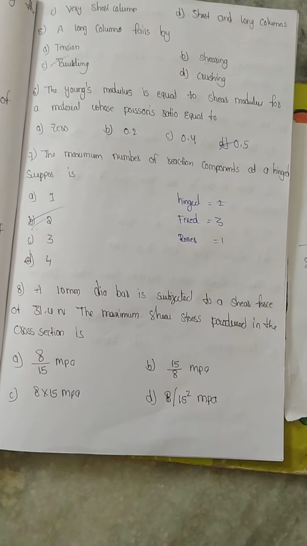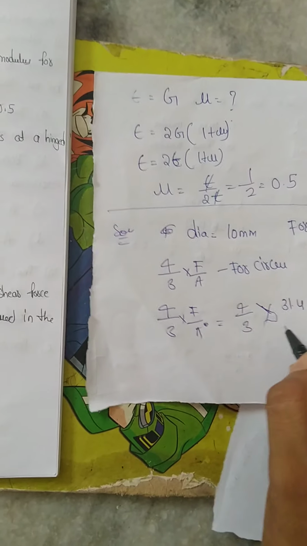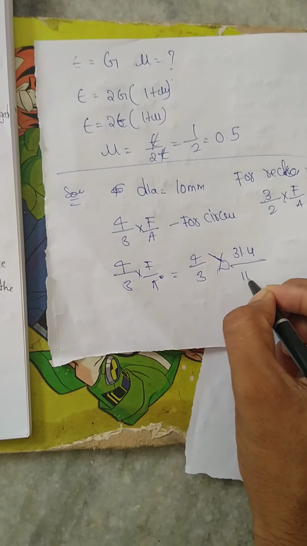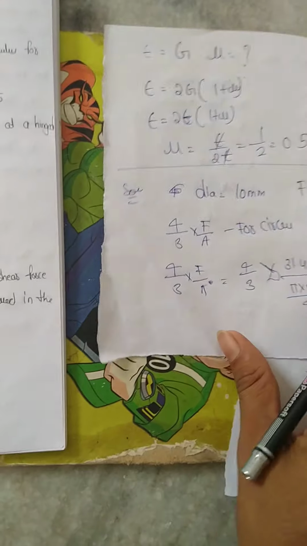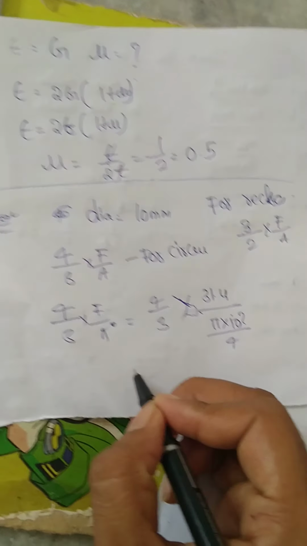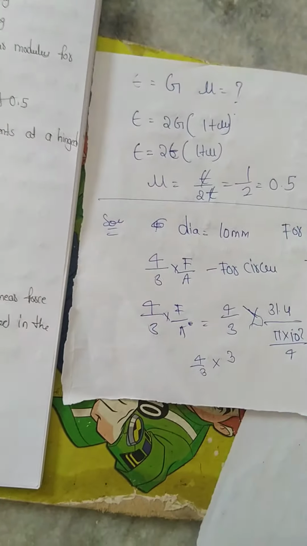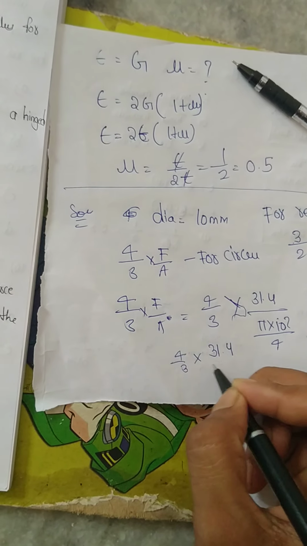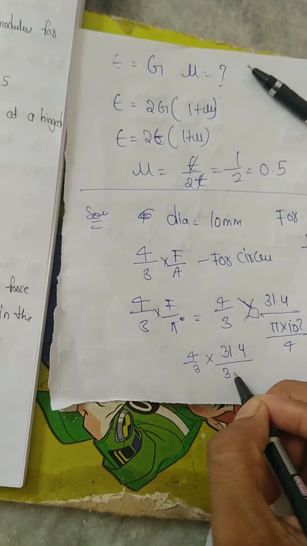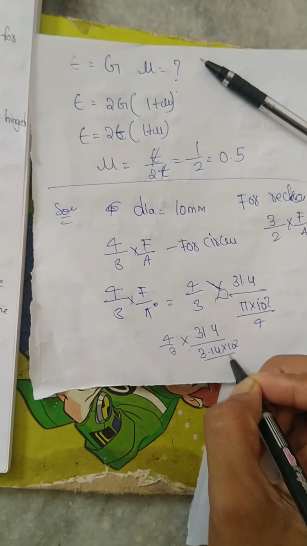Force is equal to 31.4, area is pi into d square by 4. So 4 by 3 into 31.4 by 3.14 into 10 square by 4.